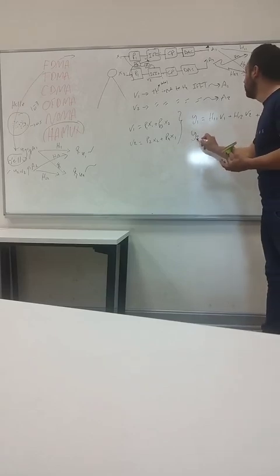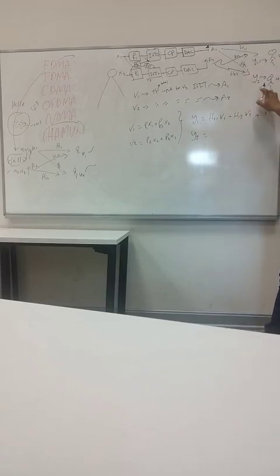And Y2, name it for me, Y2 has two arrows coming in, this one and this. H21 V1, coming from RF chain 1, from antenna 1, plus H22 V2, plus N2. Excellent.